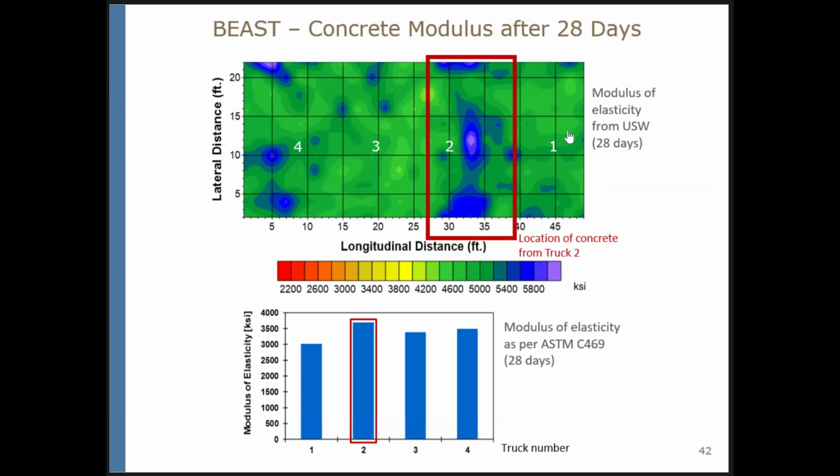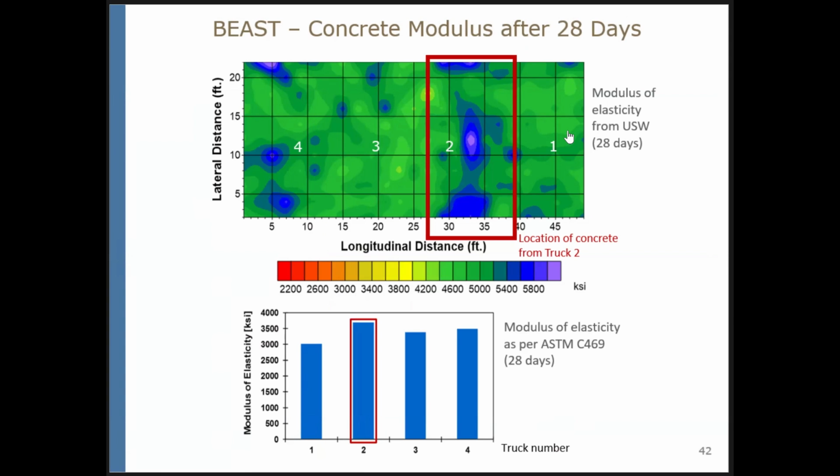We don't have time to speak about all of the results, but I am going to show some of the results. So first, a little bit about baseline measurements and why those are very important. For example, to build this concrete bridge deck, there were 4 truckloads of concrete.